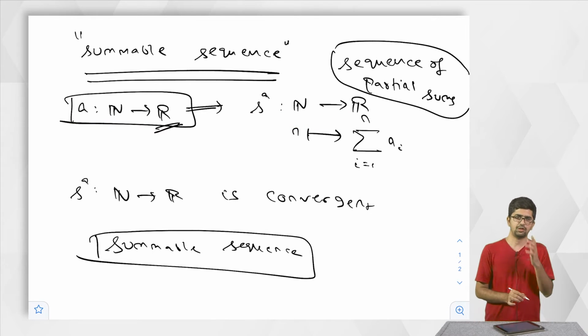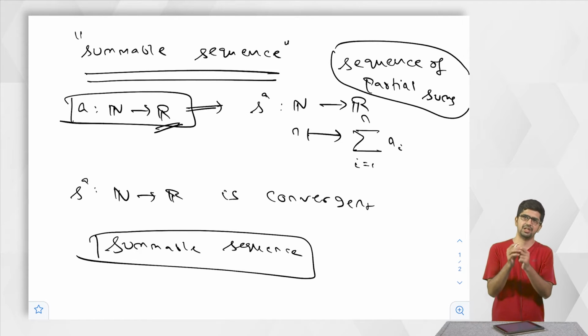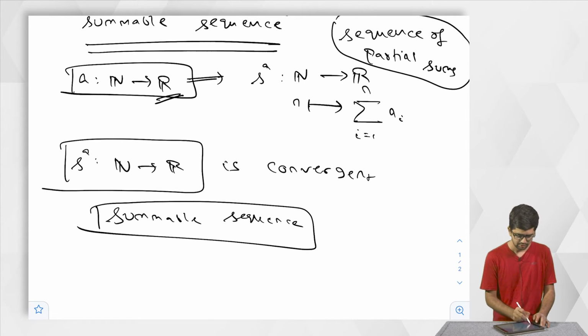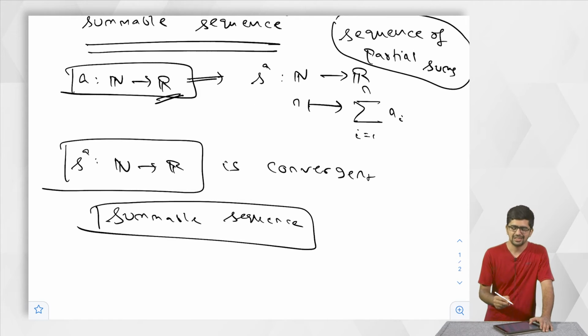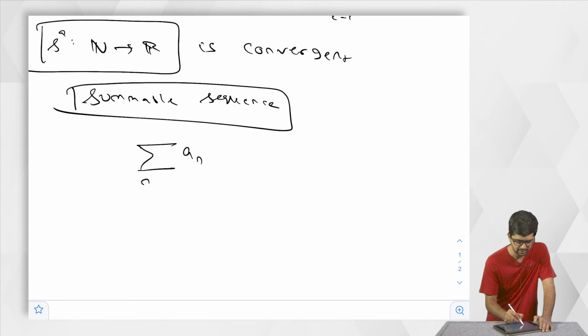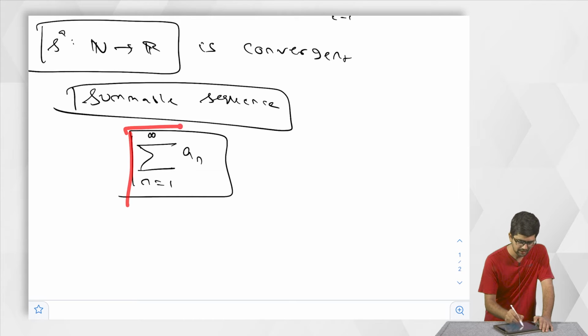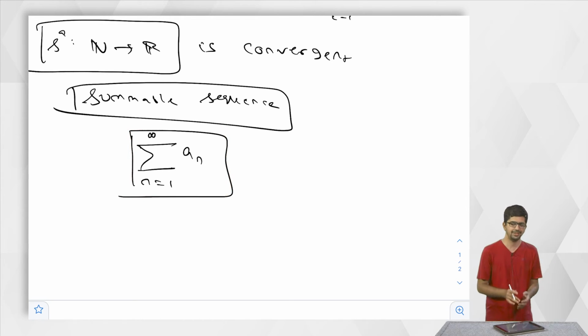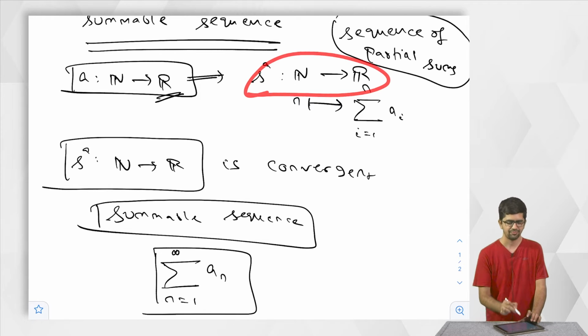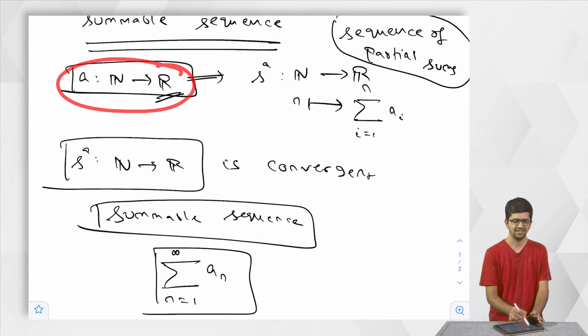Now whenever we talk about convergence, unlike the Cauchy property, there is some element L to which the sequence converges. So here SA should converge to something. That limit we denote by the symbol sum of a_n, n equal to 1 to infinity. This symbol means the limit of the sequence of partial sums associated to the sequence A that I started with.